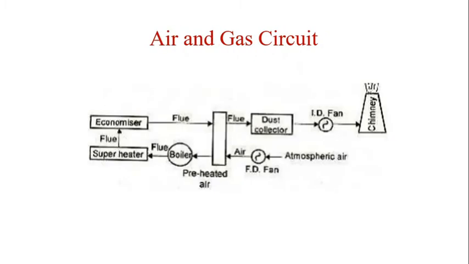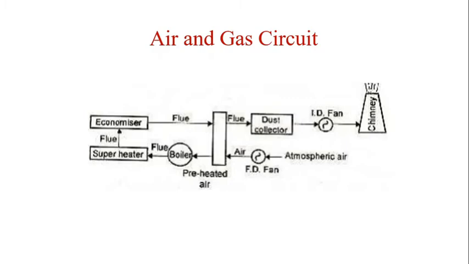Let's see the second, that is air and gas circuit, which consists of economizer, superheater and dust collector. Air is taken from the atmosphere through the action of forced or induced draft fan and passes on to the furnace through the air preheater, where it has been heated by the heat of flue gases which pass to the chimney via the preheater.